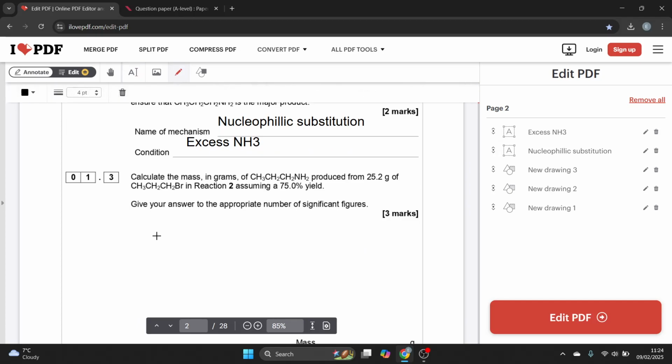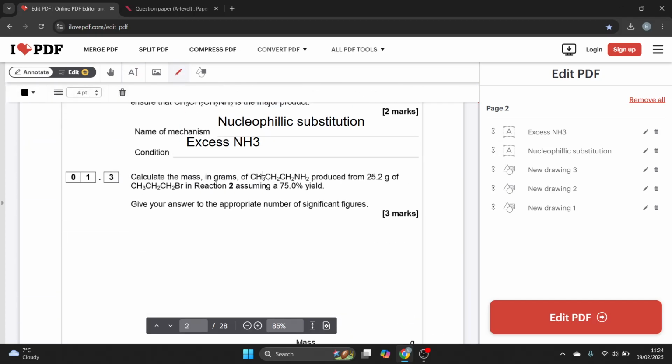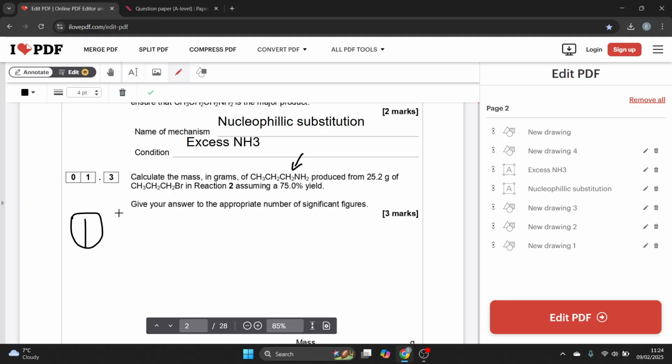Then 1.3, a mass question. Calculate the mass of this produced from this much of the bromo compound, assuming 75% yield. First thing I would always do is calculate the moles.